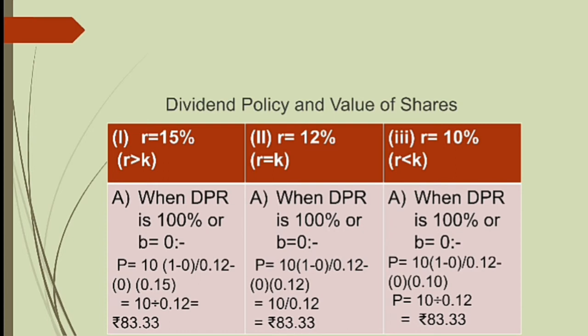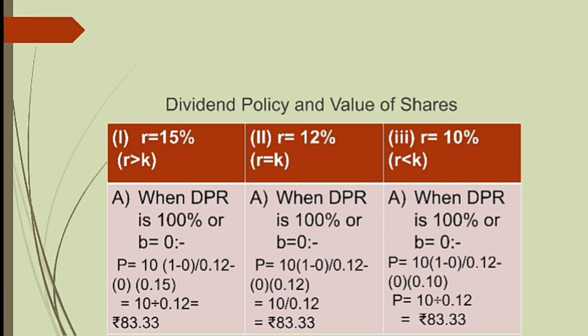Now look at the second main condition, that is R equals 12%. R equals 12% means R equals K. When the dividend payout ratio is 100%, as we know, b is 0. So the b value is the same in all three categories. Now we put all the values in the given formula. By putting the values in the formula, we get P equals rupees 10 per share multiplied by (1 minus 0) divided by (0.12 minus bR). bR means 0 multiplied by 0.12.